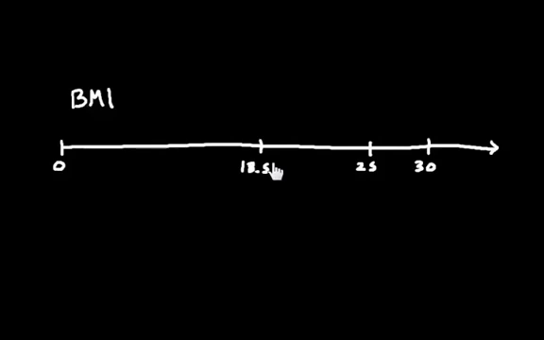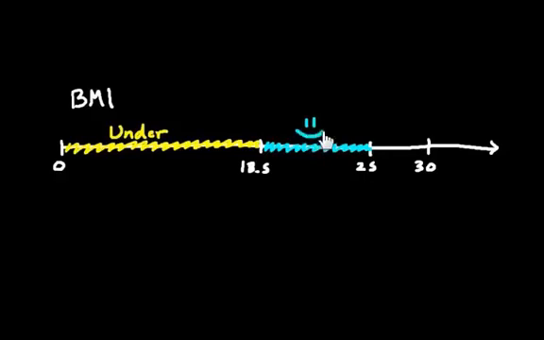And they said, okay, if your BMI as an adult is somewhere between 0 and 18.5, in this range, and I'm going to do it in yellow, then you're underweight. I'm just going to write under. And if you're between 18.5 and 25, you're in a very healthy range. And so I'll write a little smiley face for that.